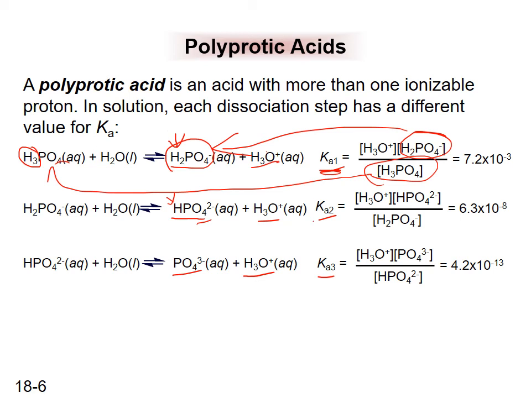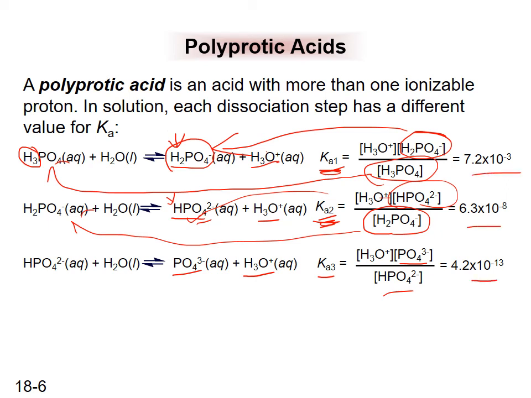And the second one, Ka2, is hydronium ion times hydrogen phosphate over dihydrogen phosphate. And so you can see they all have different equations to calculate the Ka, and the values are very different. So Ka1 is much greater than Ka2, which is also much greater than Ka3.